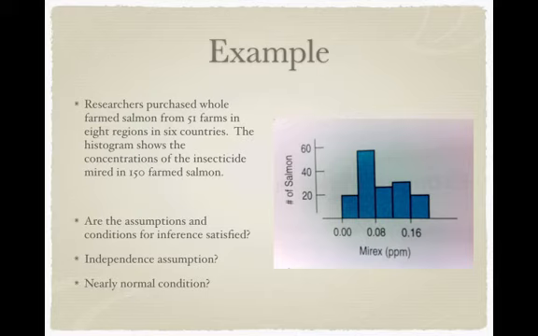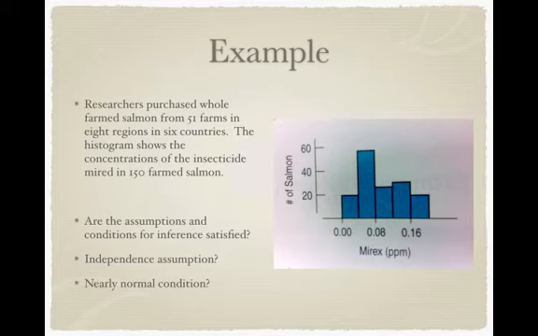So we have 150 total salmon. These came from 51 farms in 8 regions in 6 countries, and we're testing the concentration of an insecticide in these fish. The first question says, are the assumptions and conditions for inference satisfied?